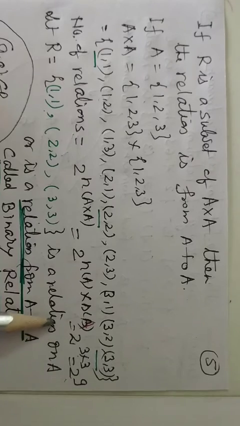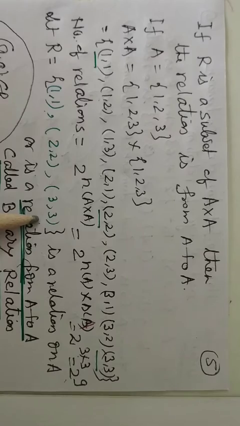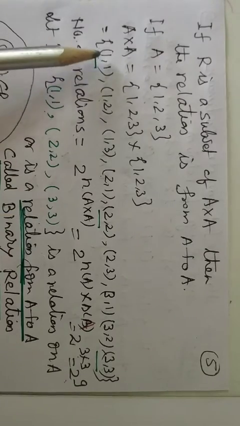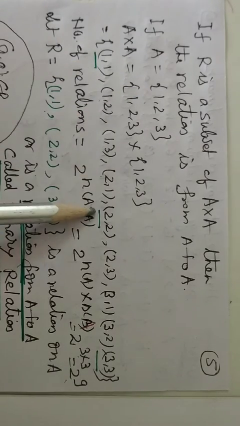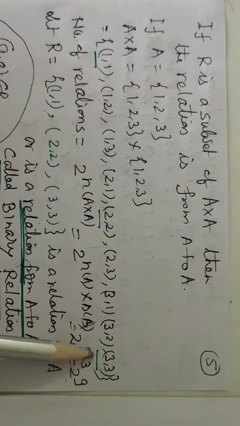I am taking some typical relation: 1 1, 2 2, 3 3. It is the repetition of 1 and 1, 2 and 2, 3 and 3. This is called a doublet. You know this from the class 10 probability chapter.